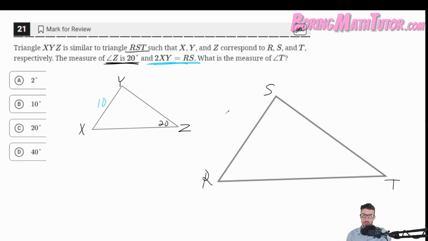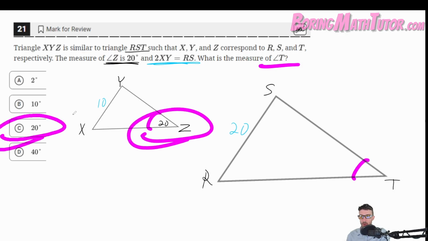So who knows? Maybe this is 10, and then that would make this one 20. 2 times the XY is equal to RS. But that's actually not going to affect the measure of angle T. The measure of angle T is just going to be the same as the measure of angle Z, so we're done.